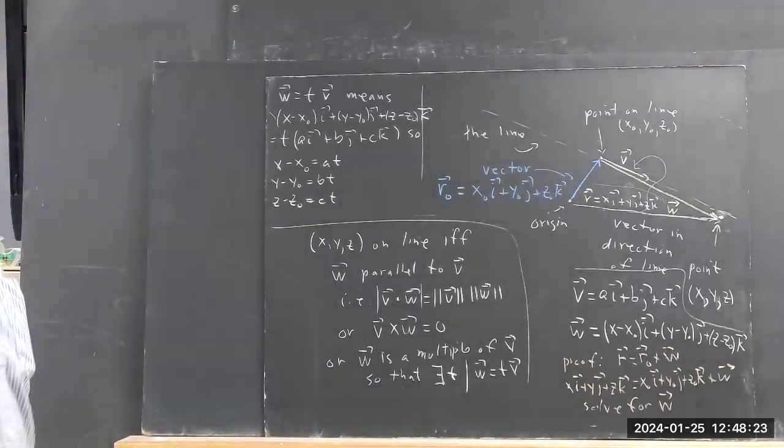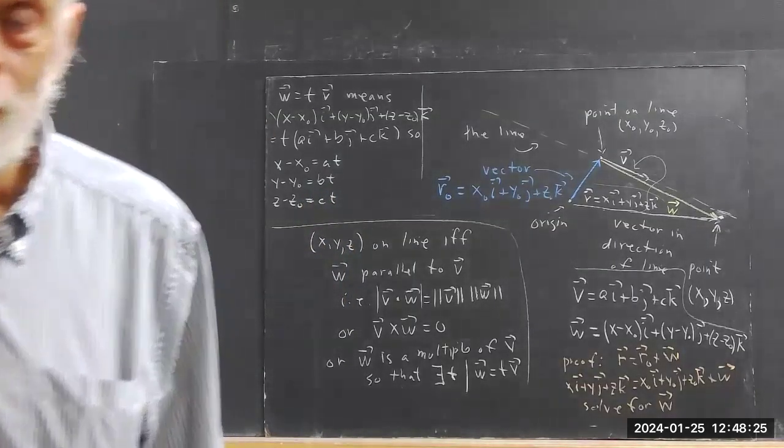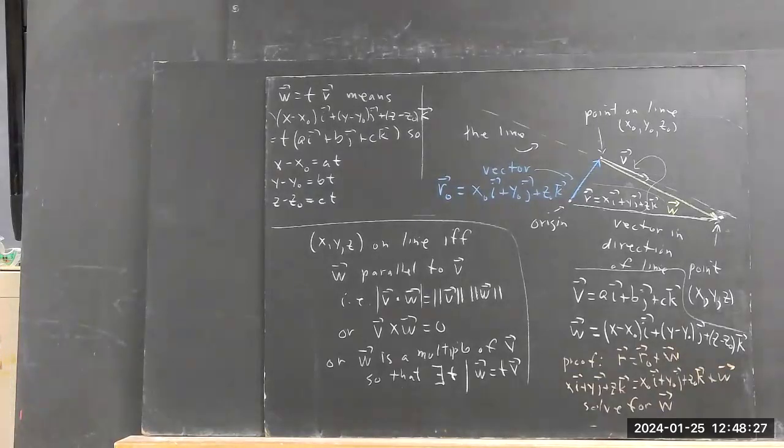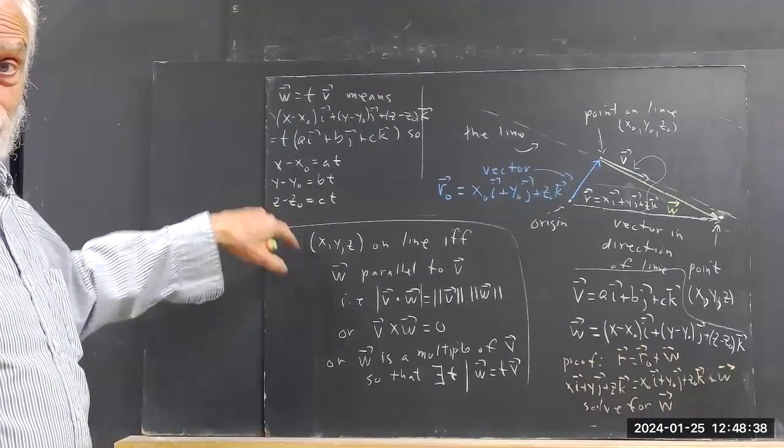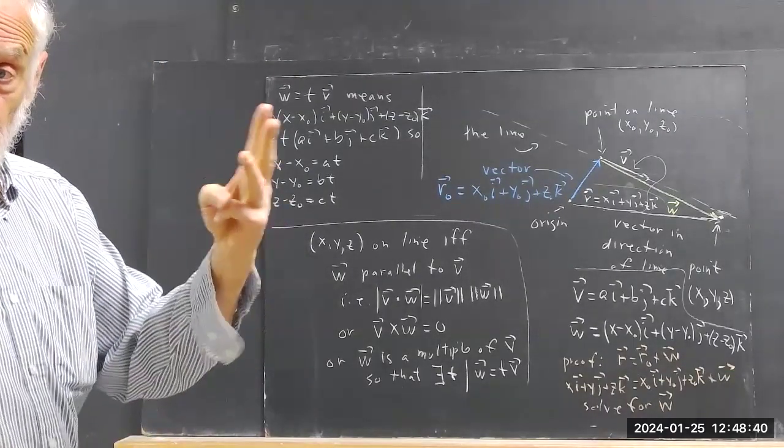So we get 3 equations out of this. If all 3 of those equations are solved, you're on the line. So right here, if you wish, is an equation of the line in 3 parametric equations.